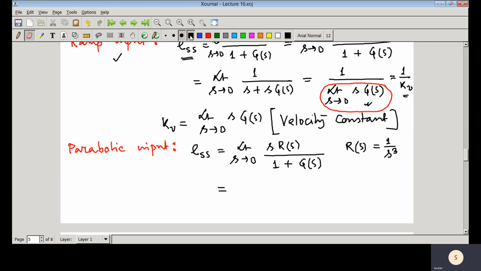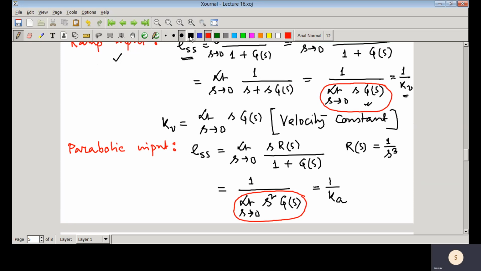so here you have 1 by limit s tends to 0 of s square G(s), and this particular term is denoted as Ka.